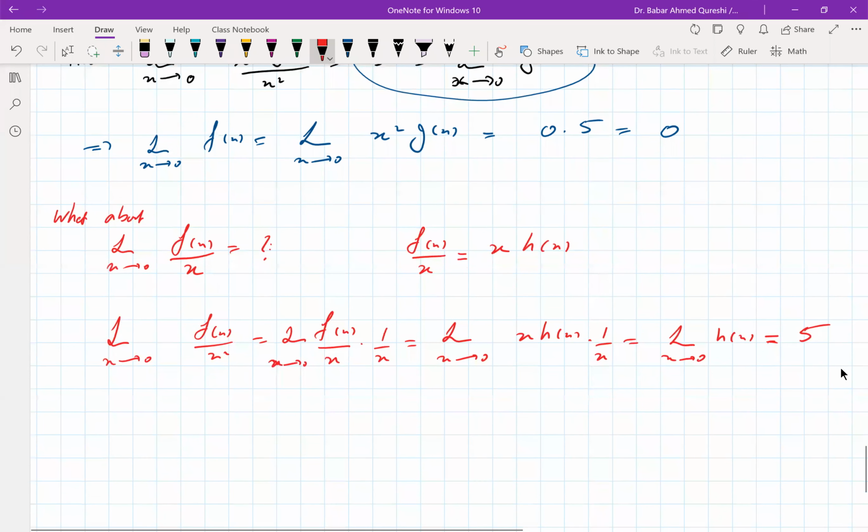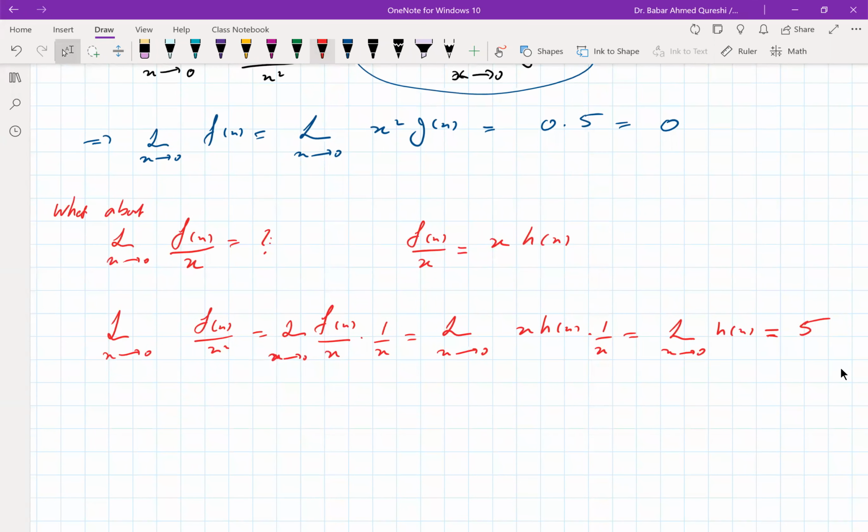That means this is this. So you got a 0 and a finite number, so 0.